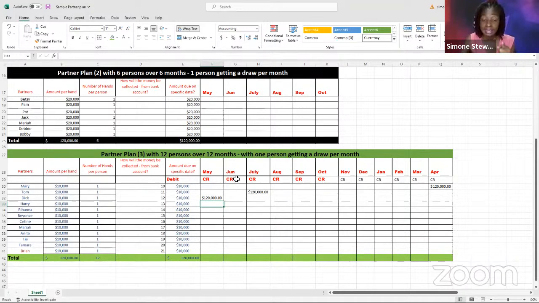In this one that I'm doing here, we're doing it with 12 persons. Each person has one hand that values $10,000, and we are pooling it together, and every month somebody is going to get their draw. All right, so Harry says, give me February next year, because we're starting this one in May of this year, and it's a 12-month period.